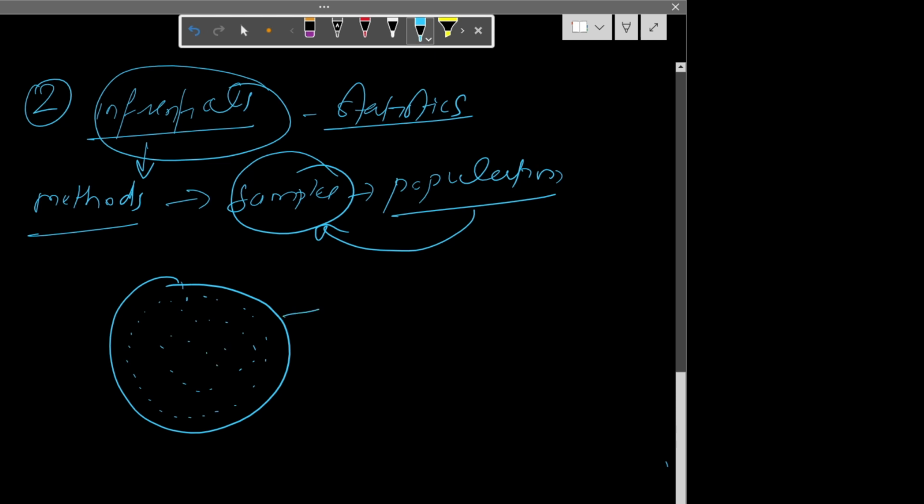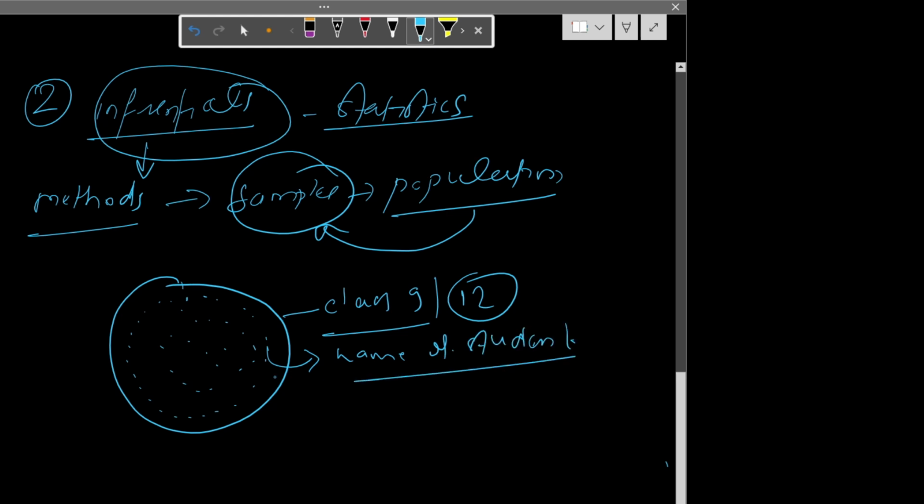Suppose this is class 9 or class 12, and these are the elements, meaning each student here. These students in a class, we consider as a population.